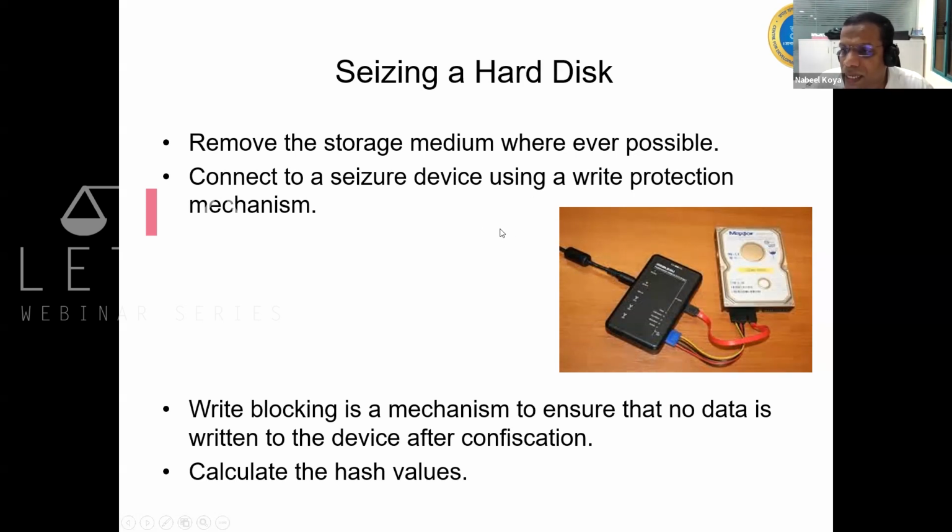The laptop will have an application which will calculate the hash value of this hard disk, and the black device sitting in between will ensure that nothing goes into the hard disk, so the investigator can be safe and secure that he didn't tamper with the evidence at any point of time.